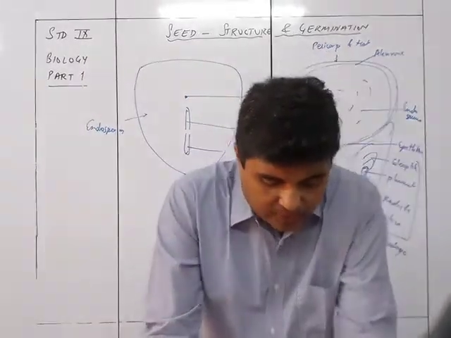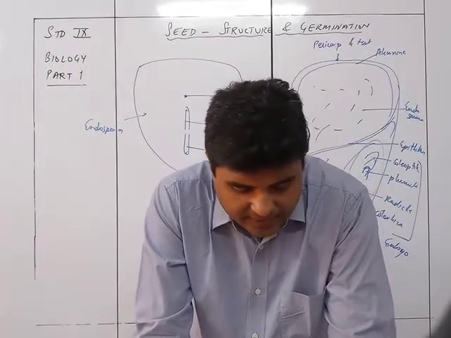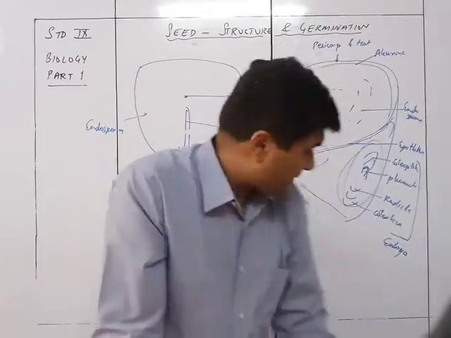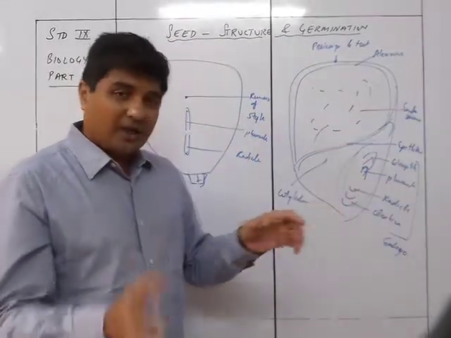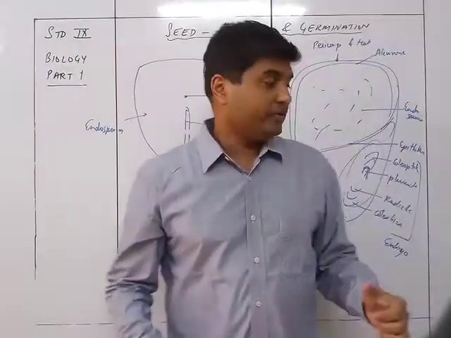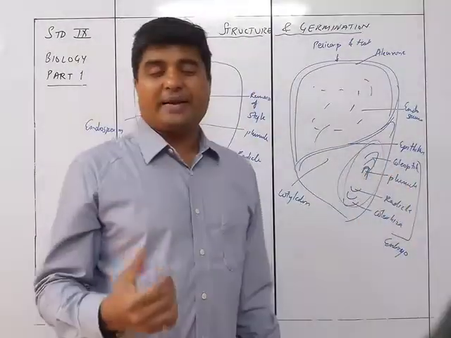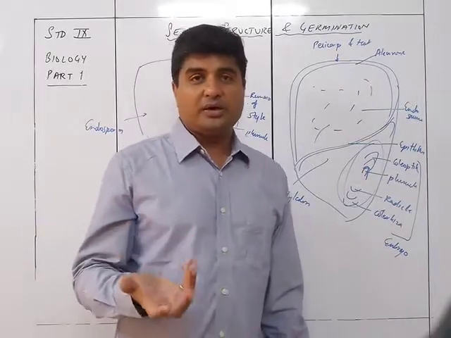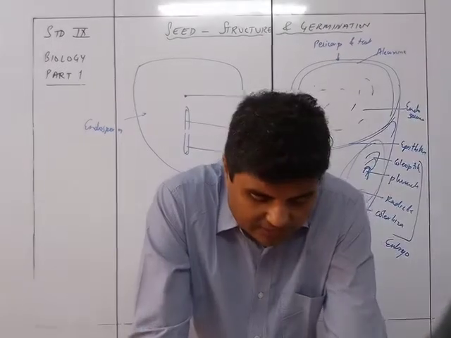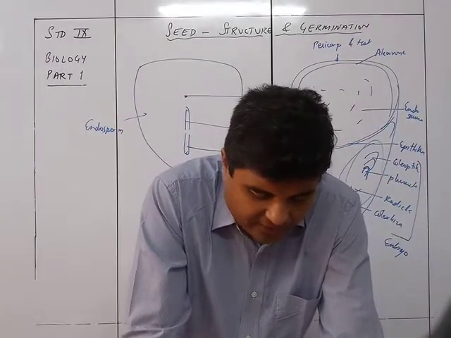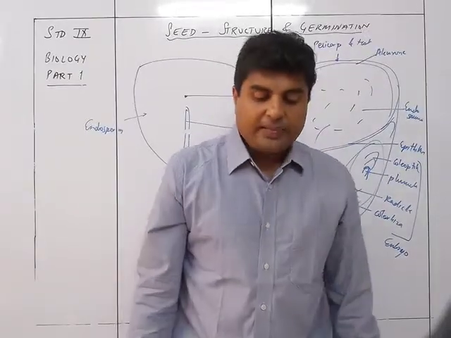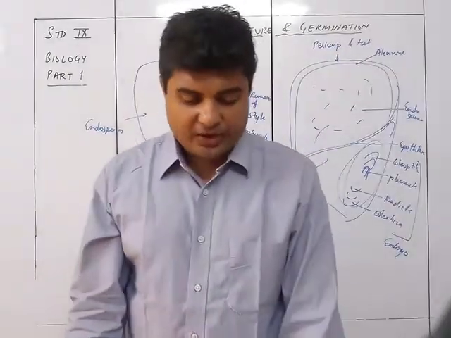The radicle is towards the pointed end and it is enclosed by a protective sheath, the coleorhiza. The plumule is towards the upper broader side of the embryonic region and is enclosed in a protective sheath, the coleoptile. The maize grain is monocotyledonous and endospermic.